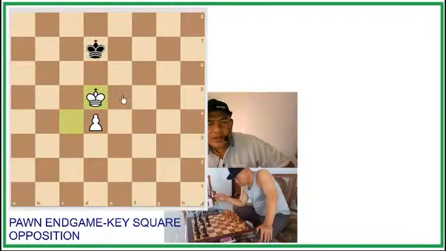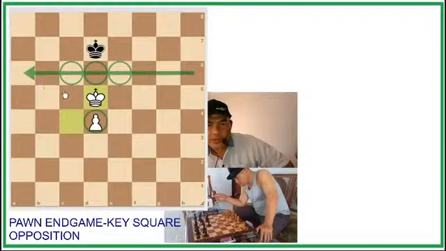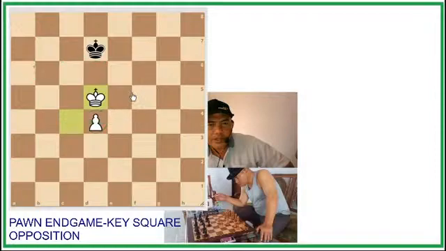This has a relation with the key square, as we have learned before that the pawn on the file and the key square is on the sixth rank. When the pawn is on the fourth rank, then the key square is here.